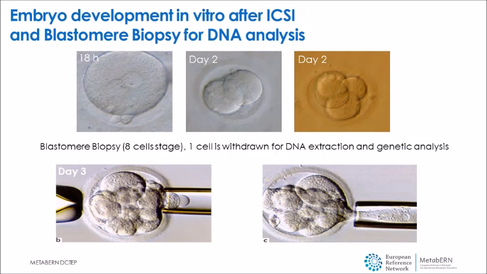After ICSI and in vitro fertilization, the embryo is usually biopsied at the blastomere stage, that is to say the 8-cell stage, generally obtained at day 3. At this stage, one cell is withdrawn for DNA extraction and further genetic analysis to check if the embryo is affected or not and if the embryo could be reimplanted in the maternal uterus.